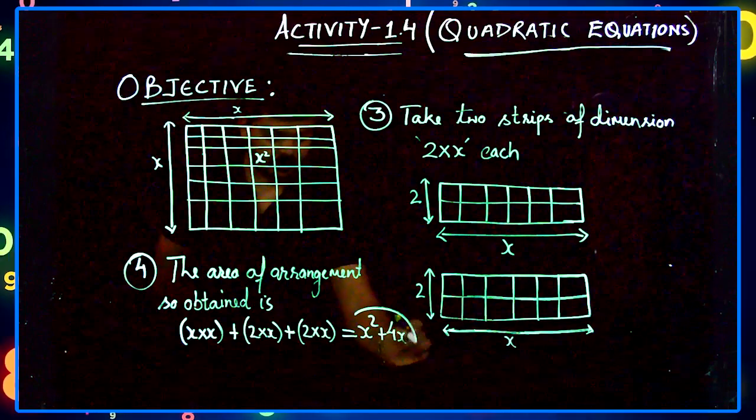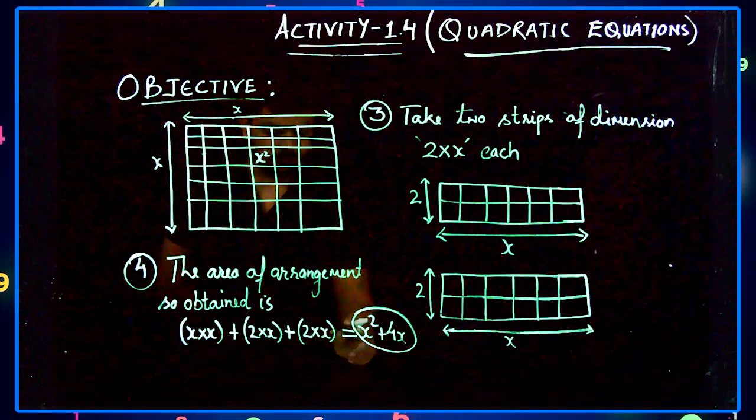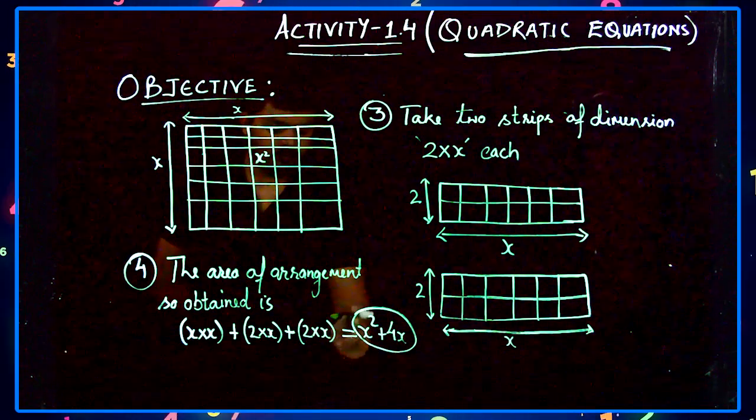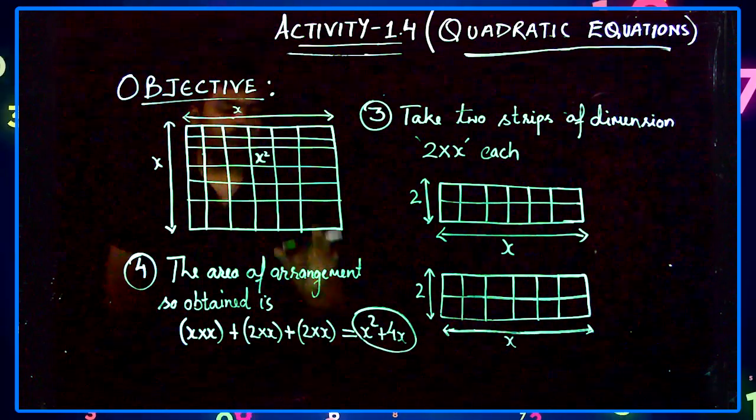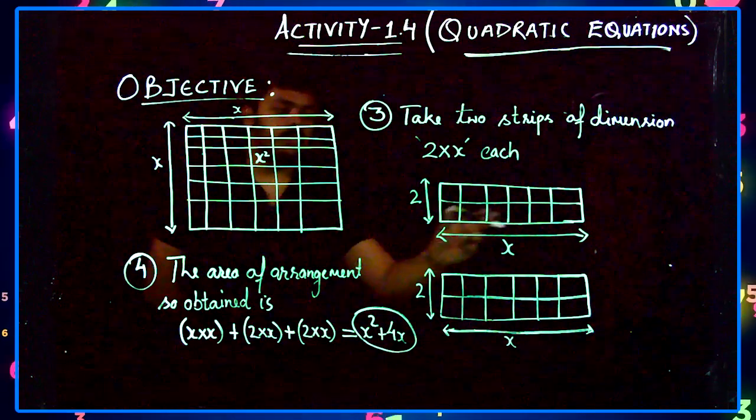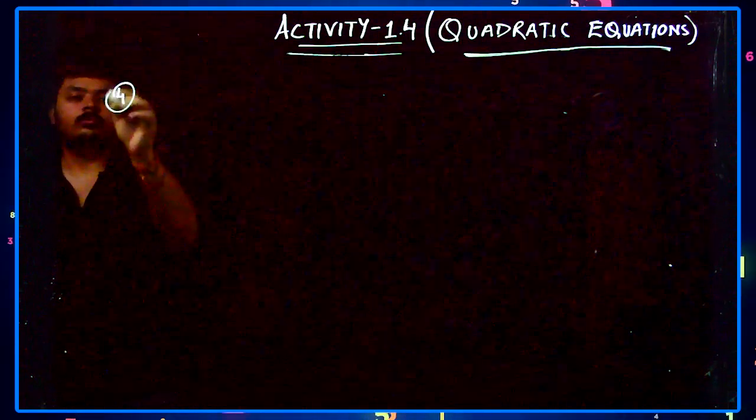So this is the area of our arrangement by joining the square grid and the 2 strips.